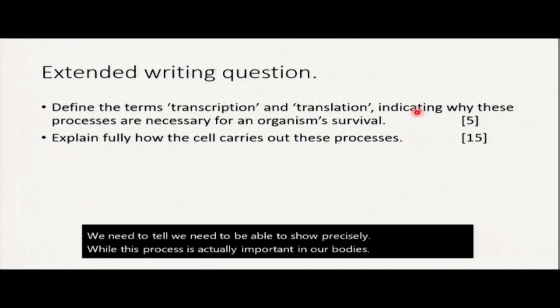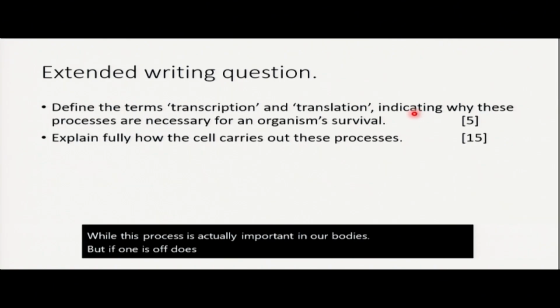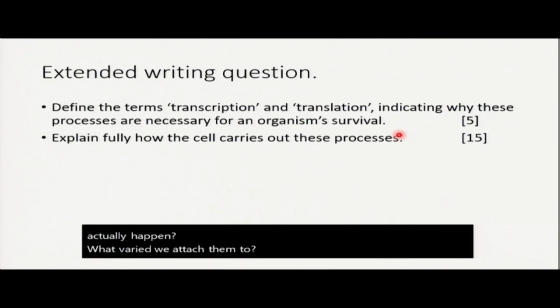What if one is off? Does the other one work? What if it went wrong? What would actually happen? What value do we attach to them? And secondly, explain fully. Remember, in explanation, you give reasons as to why things appear the way they are.